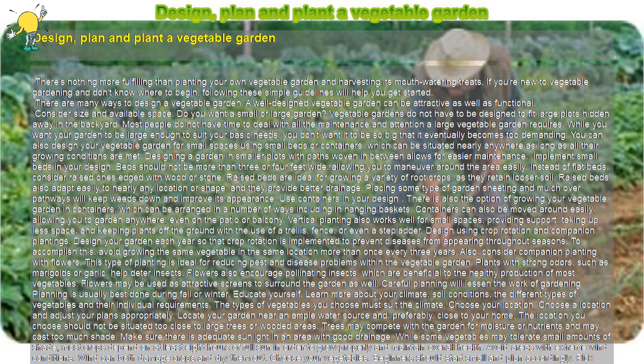Also, consider companion planting with flowers. This type of planting is ideal for reducing pest and disease problems within the vegetable garden. Plants with strong odors, such as marigolds or garlic, help deter insects.